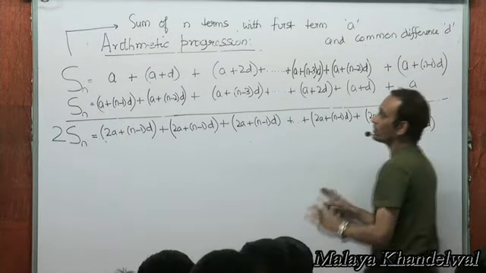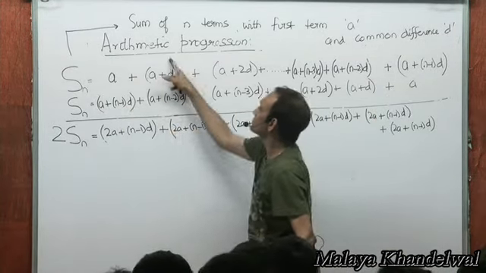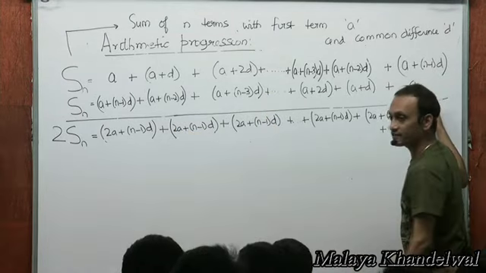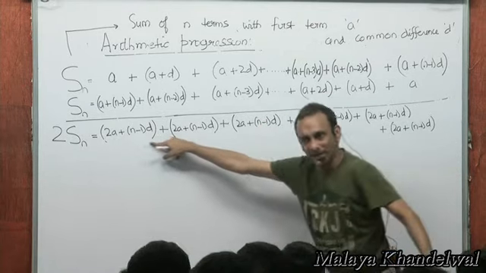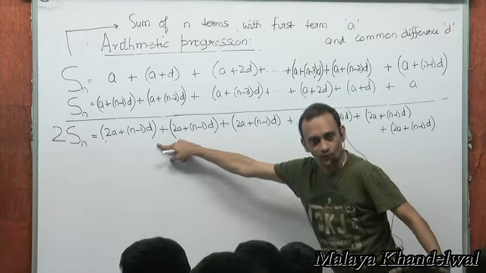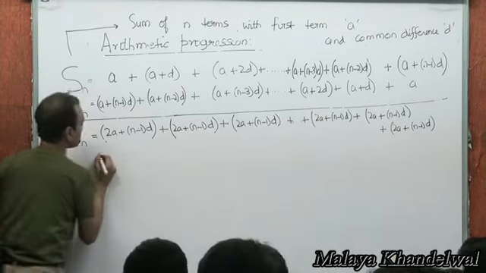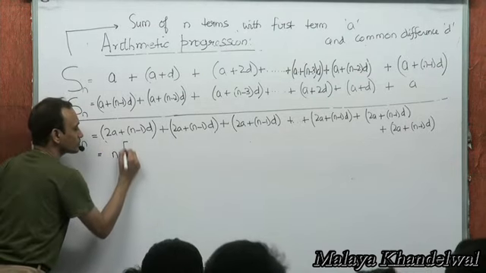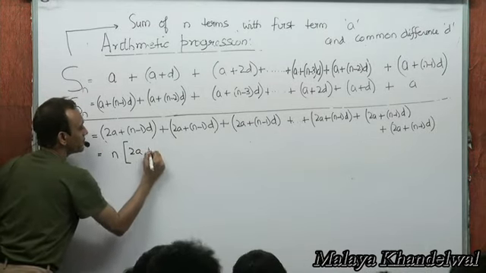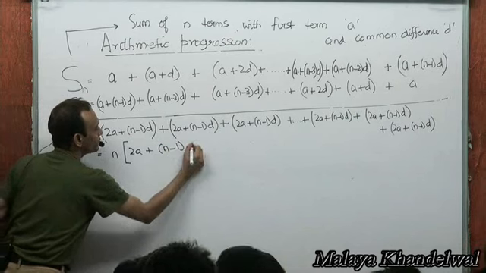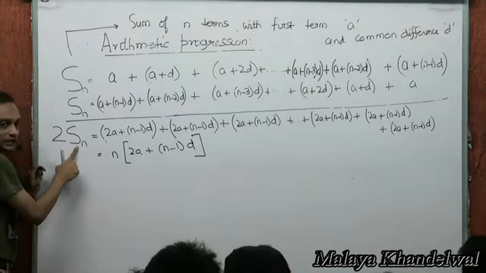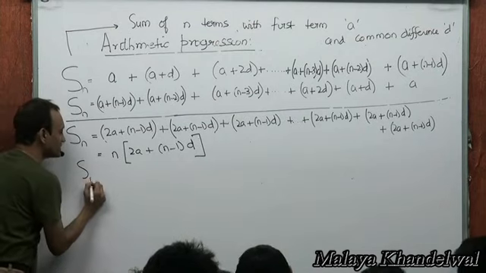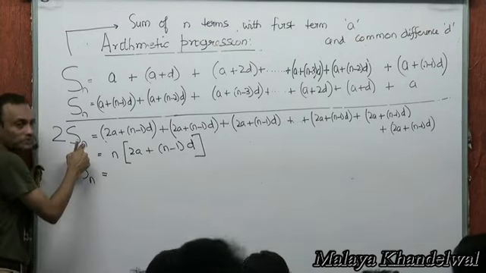N such groups, because first, second, third, nth. So n such groups, each of value 2a plus n minus 1 into d, yes or no? Right? So this is like n times 2a plus n minus 1 into d. Right? So this is 2 times the required sum, Sn.